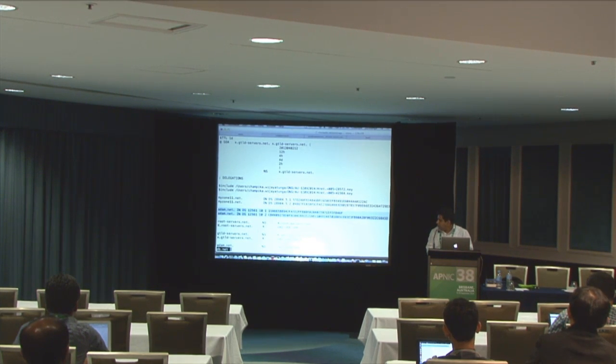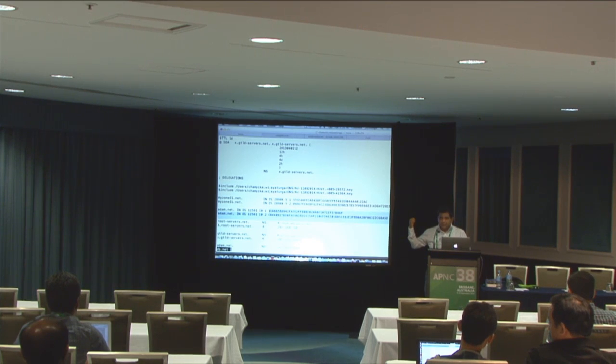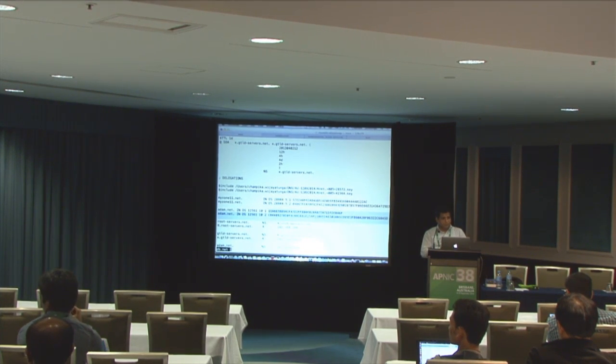I have published those in my zone. These are the DS records for adam.net, and these are the hashes of that public key, which came from adam.net. So it's published now in .net, and then I have sent my DS record, of course, to the root. So this is how the whole chain gets built up, basically, right?